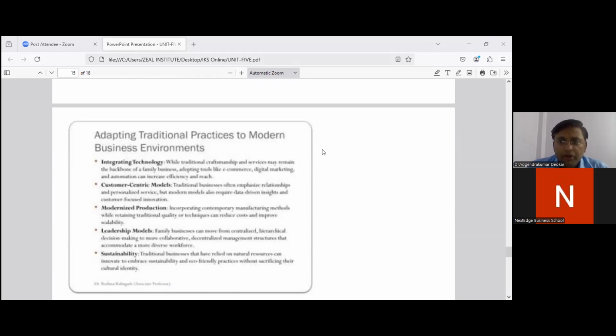That type of thought process is very essential for the development of your own corporation. IKS or family businesses are criticized as not successful because they are not following modern technology. So in this chapter we try to suggest that family businesses running for more than 100 years should adapt to new technology, new business models, the business environment, and change.